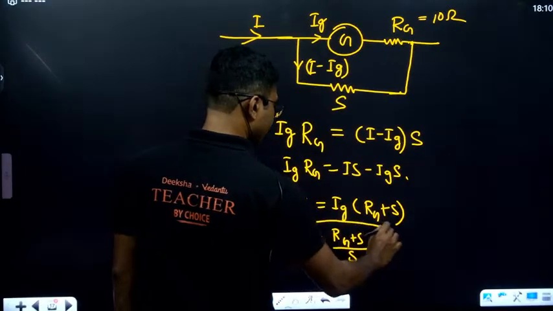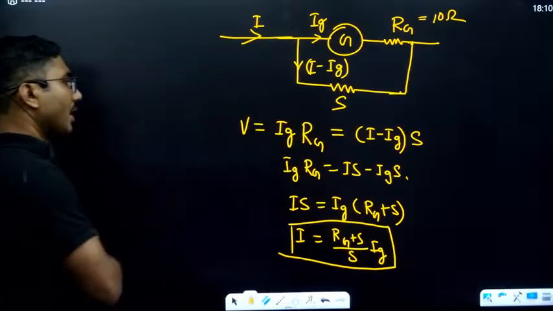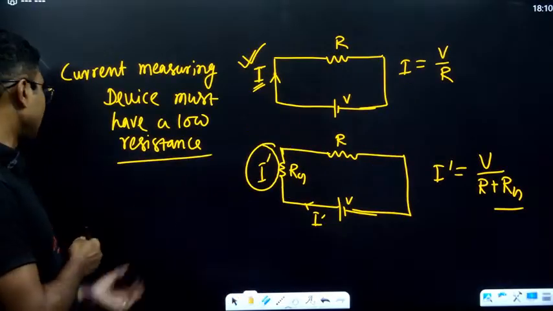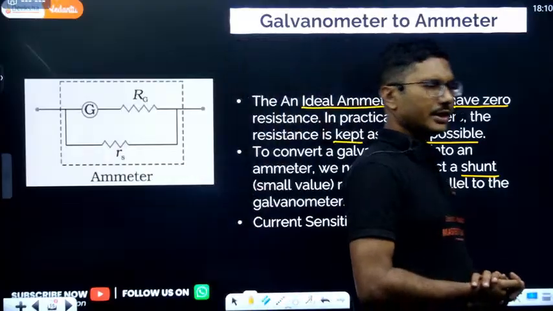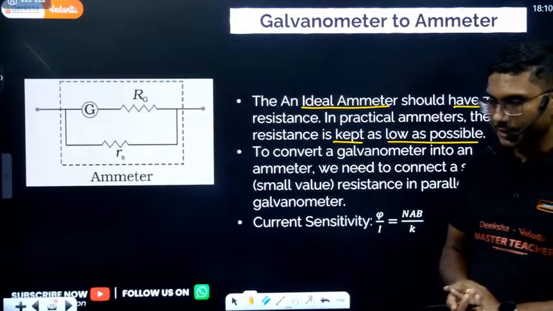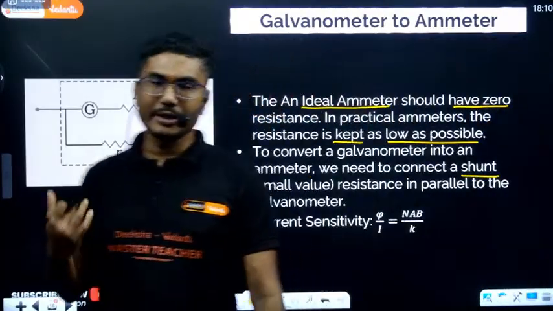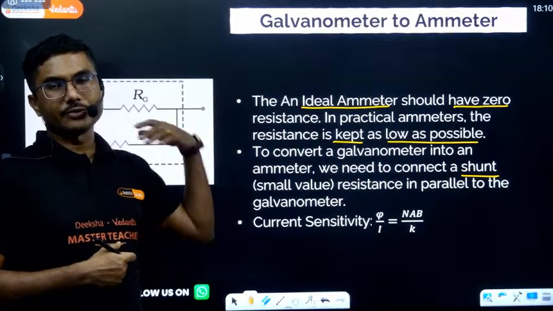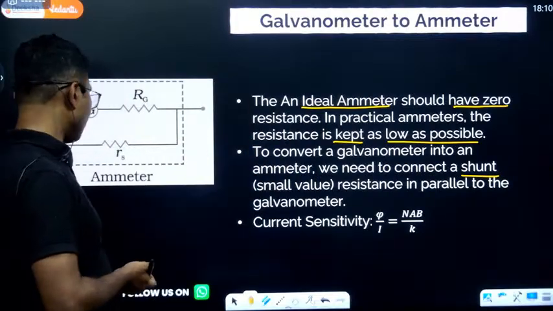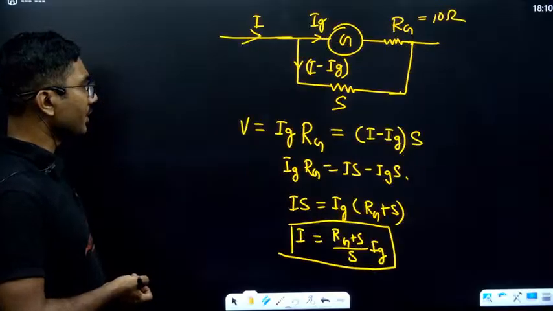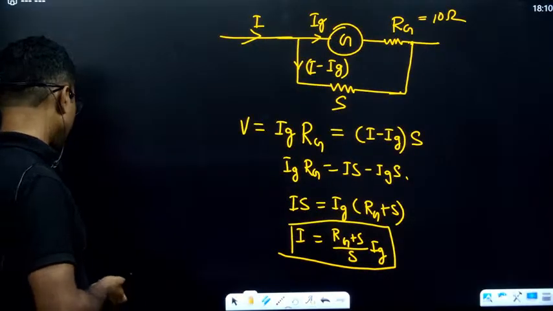Okay, this equation must be written if you are answering the question how to convert a galvanometer into an ammeter. Along with the statement that an ideal ammeter should have zero resistance, we achieve that by adding a small value resistance in parallel. You also have to show the expression for the current passing in the circuit.